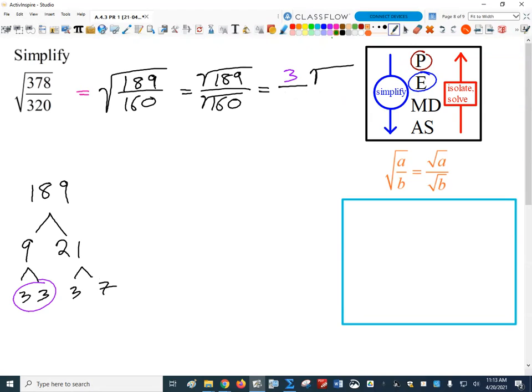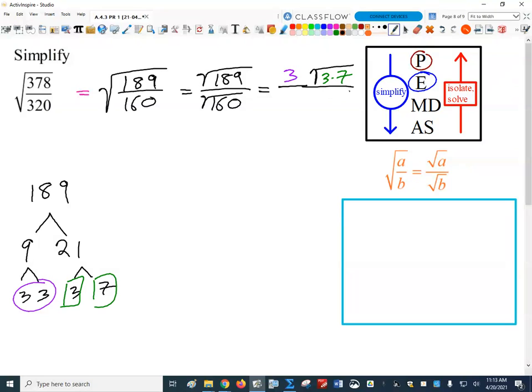What about that 3? Is that part of a couple or a single? Single. These 3s already make one couple, and this is a leftover, right? That 3 is the third wheel. So we got 3 and a 7 are singles. So we took care of the top. We're going to get 3 times the square root of 21.